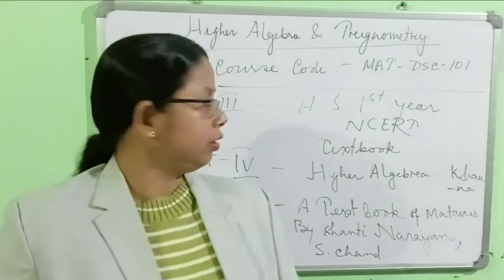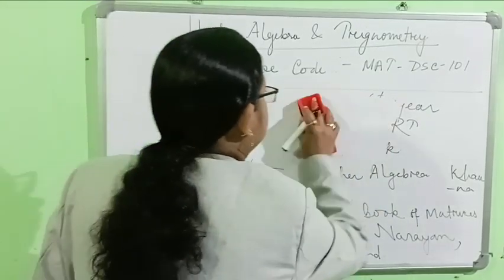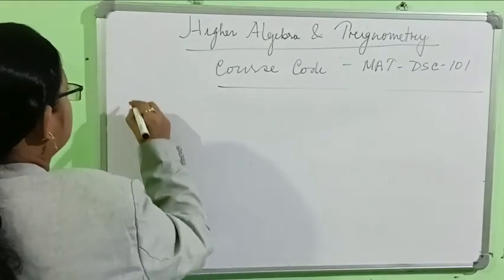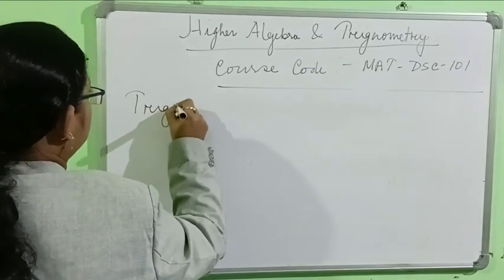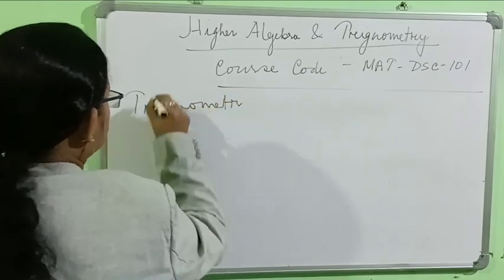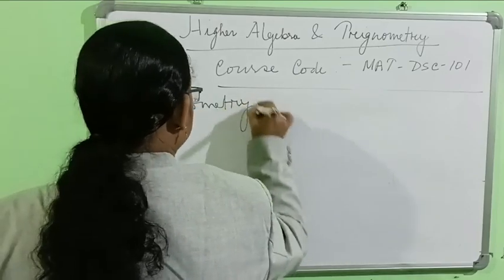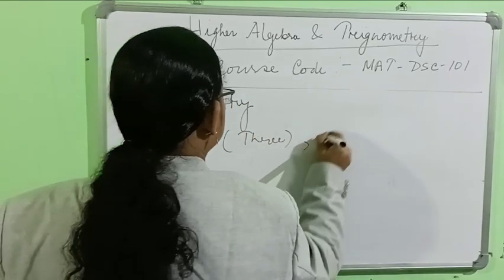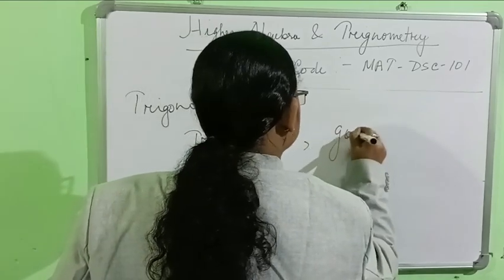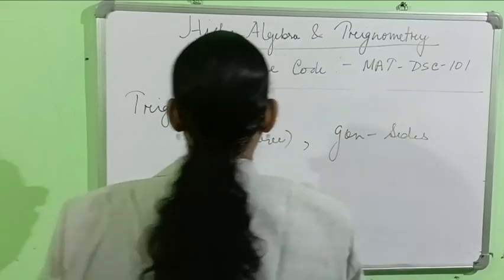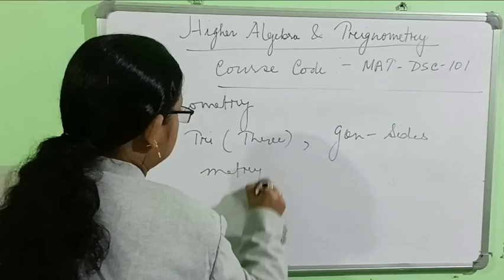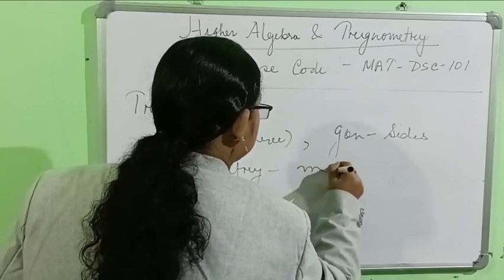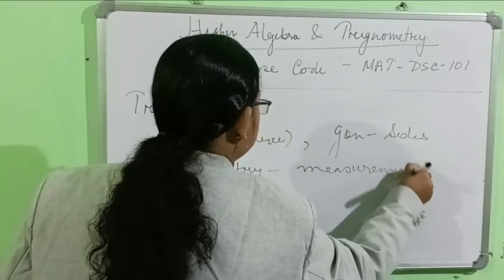Trigonometry is a Greek word. Tri means three, gon means sides, and metry means measurement.